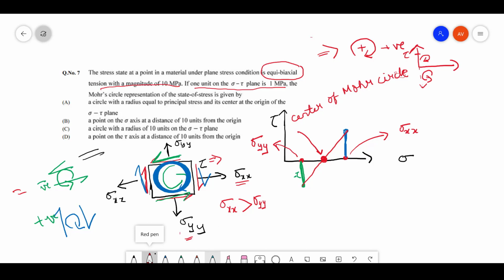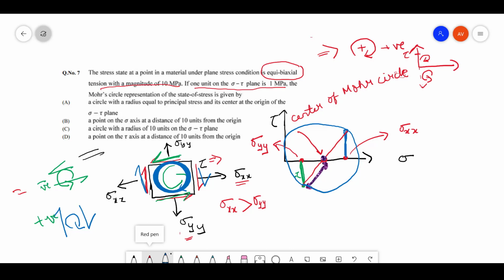So let me just do it in another color. So I take this as the center and try to draw an arc with this particular radius. So I'll get a circle in this way, a rough circle. I'm sorry about the circle shape. Yeah, so this is how you actually draw a Mohr circle.